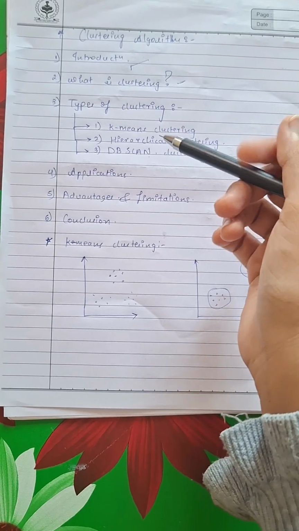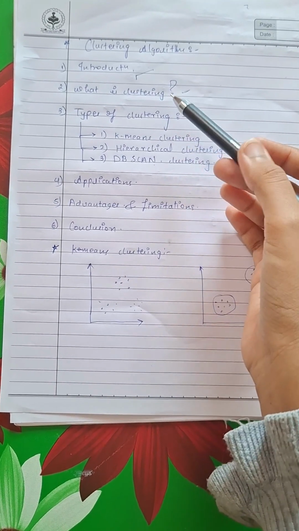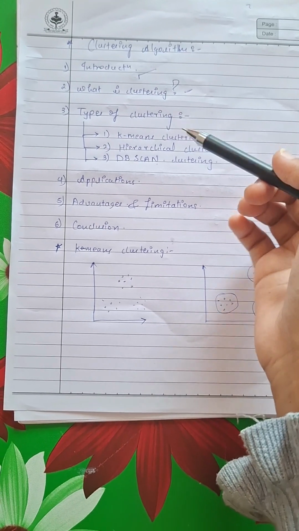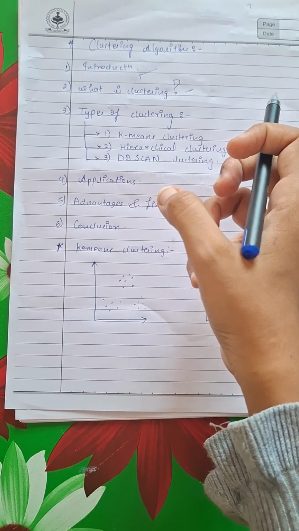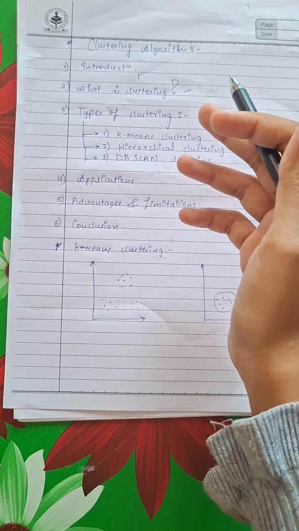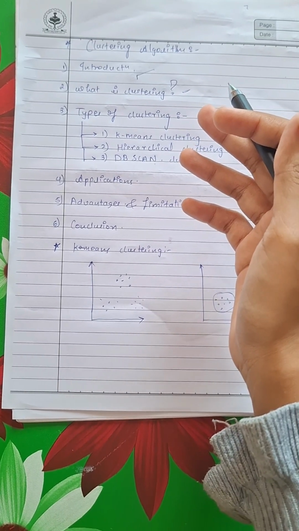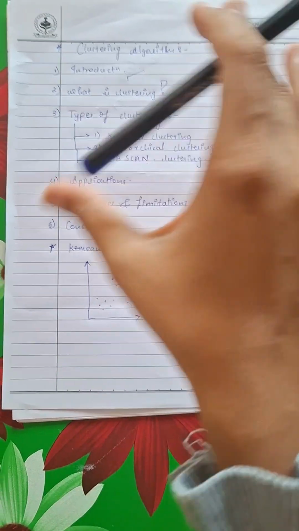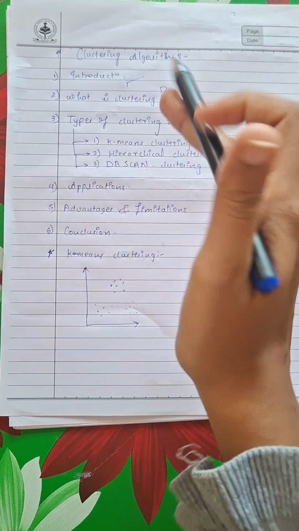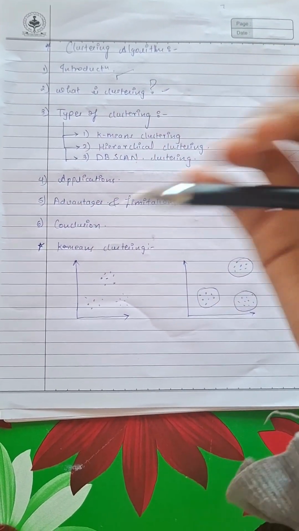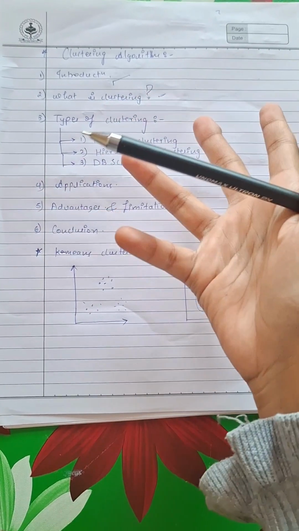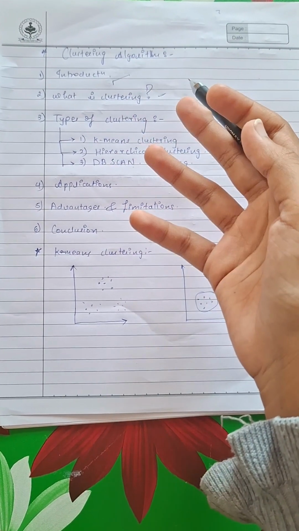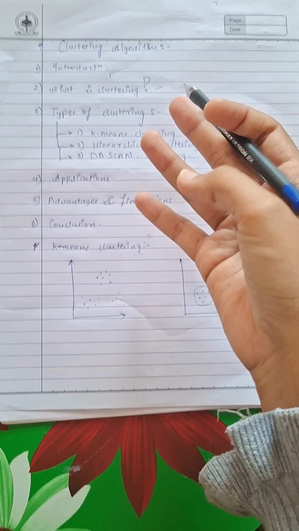Okay, so first let's start with what is clustering. Clustering is an unsupervised machine learning technique that groups similar data points into clusters. For example, imagine there are different fruits in a basket. How will you separate the similar ones? Obviously you will look at their specifications like their shape and their color, right?